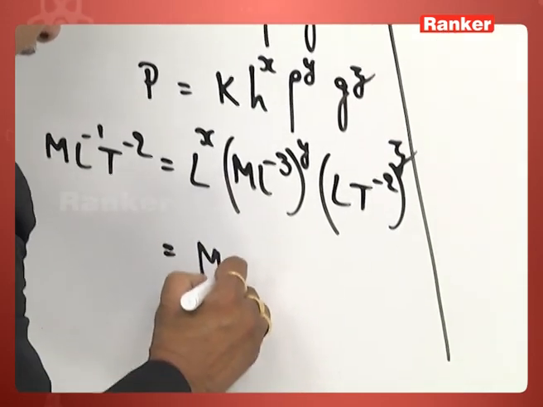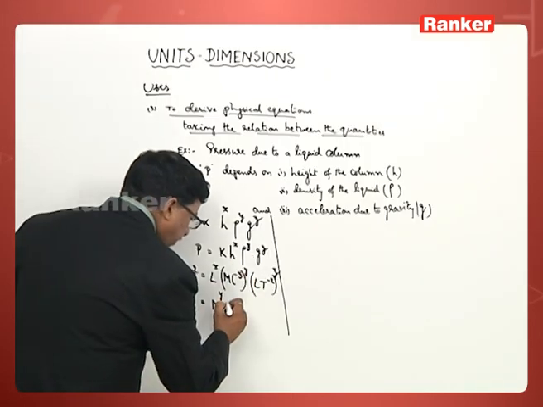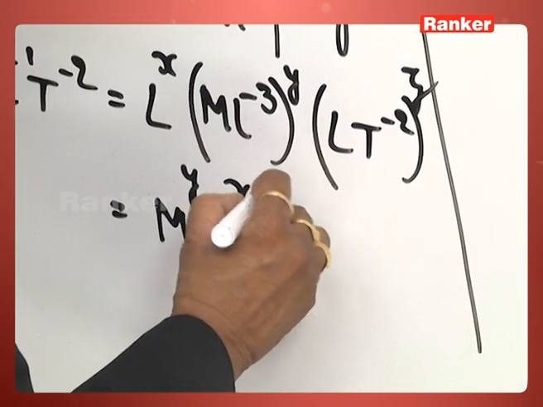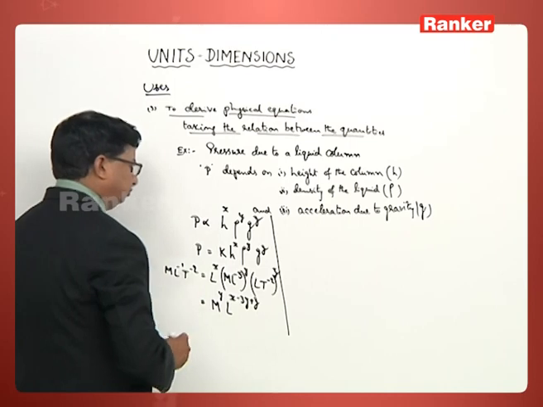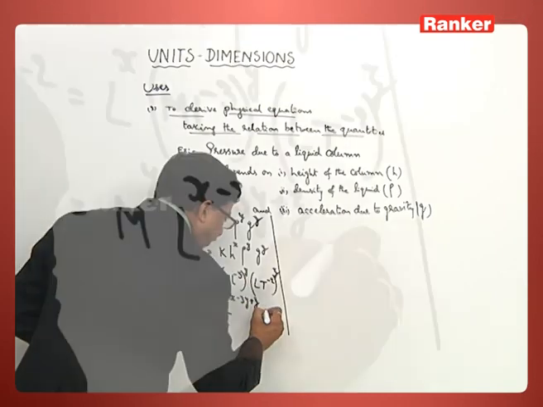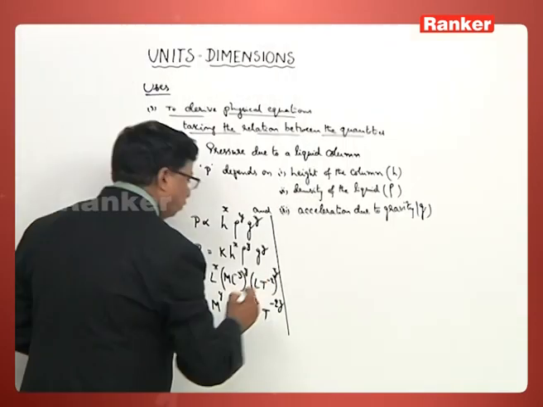Then what can you write now? M to the power y, since only one term of M we have, L to the power x minus 3y plus z, and there is only one term of T, that is T to the power minus 2z.